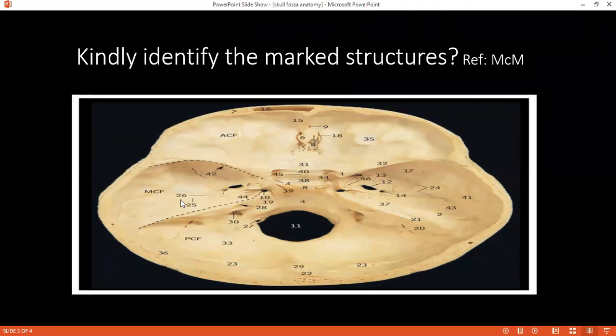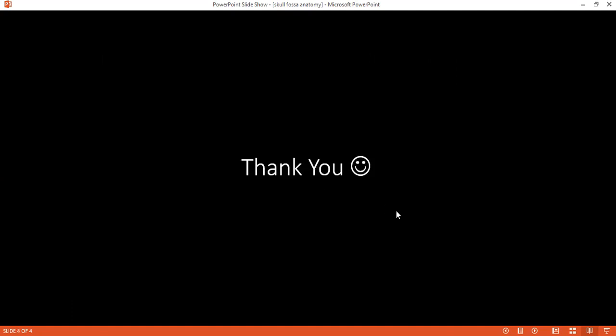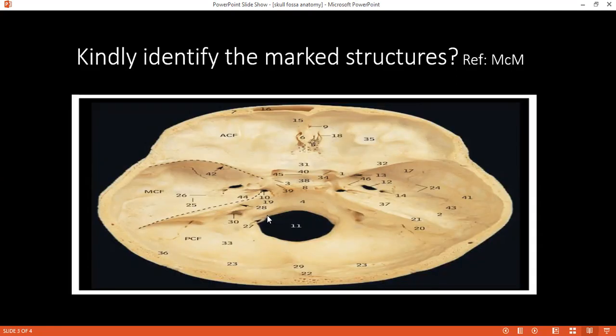Number 42. Between the middle cranial fossa and the posterior cranial fossa, it is the petrous part of the temporal bone, which is number 44 or 37.